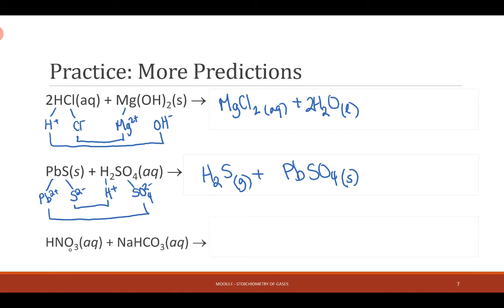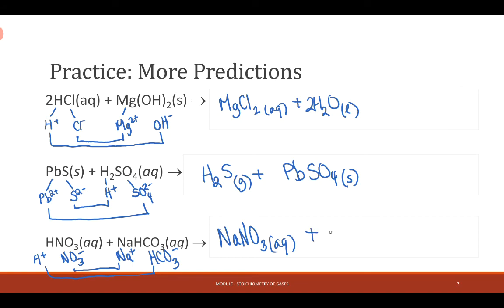And now let's go for this next one. This is nitric acid. Nitric acid is composed of H plus ions and NO3 minus ions, and then sodium ions and hydrogen carbonate anions. Splitting these up, doing our double displacement reaction pattern, we have sodium nitrate, which is going to be aqueous according to my solubility rules.